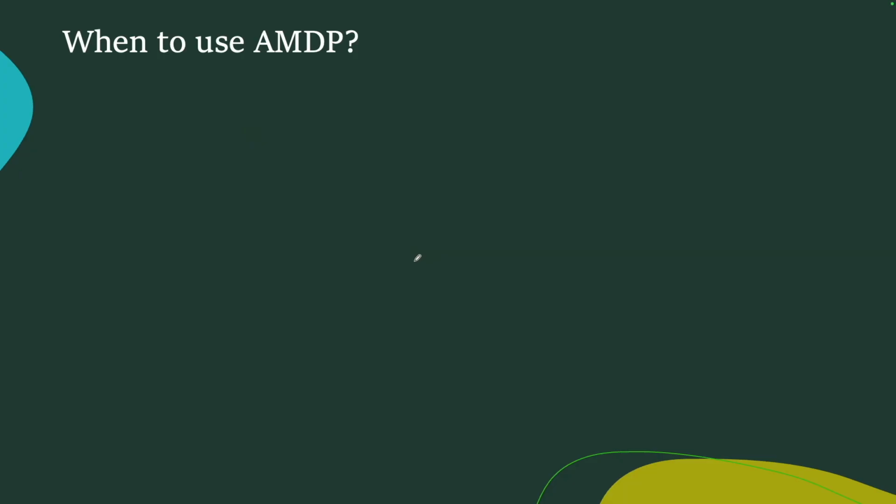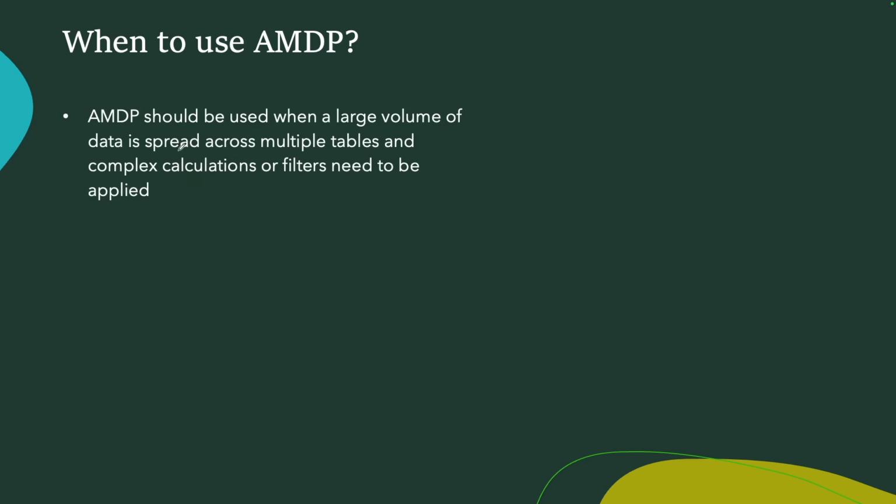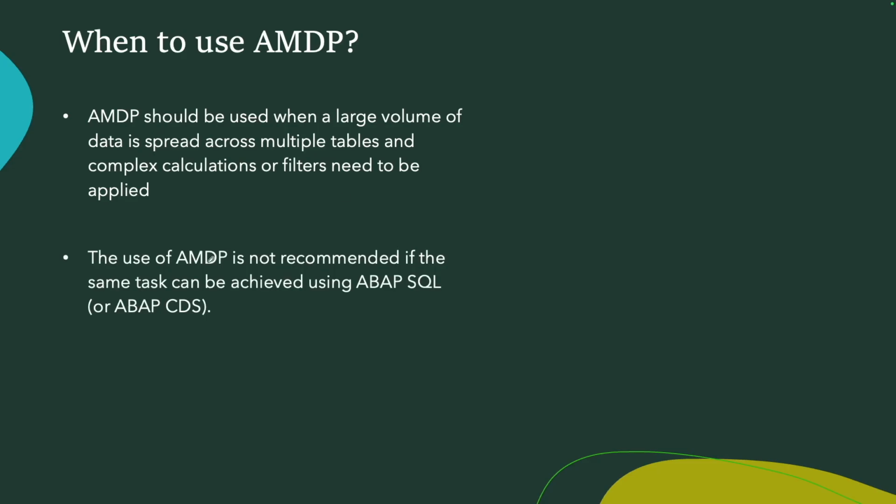Now we have a question: when to use AMDP? Can I use AMDP all the time? Can I replace all of my select queries with AMDP? The answer is no. AMDP should be used when a large volume of data is spread across multiple tables and complex calculations or filters need to be applied. The use of AMDP is not recommended if the same task can be achieved using ABAP SQL or ABAP CDS.